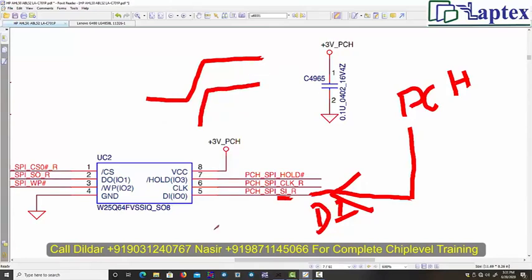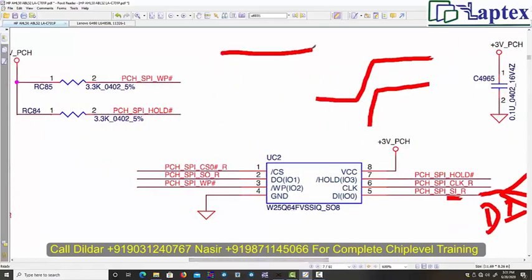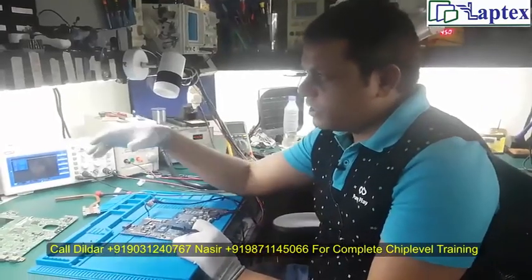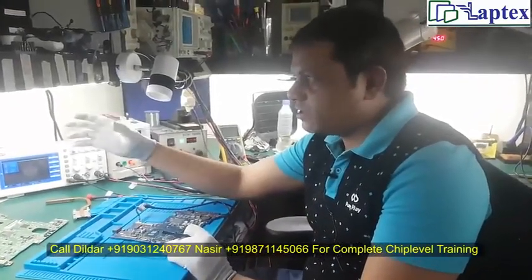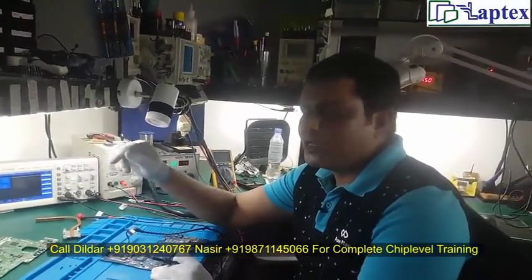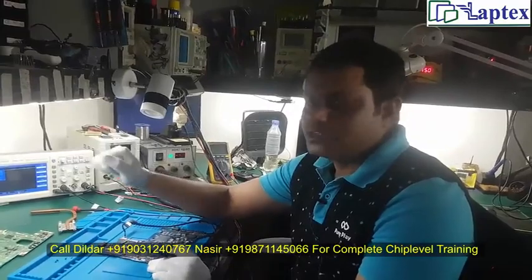And contrarily, at the falling edge of the clock, DO should rise high. Let me describe it practically, how we recognize this data input and data output, rising edge and falling edge, with the help of the clock signal. So now let's come and see.